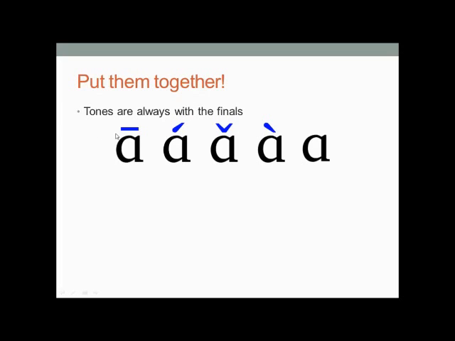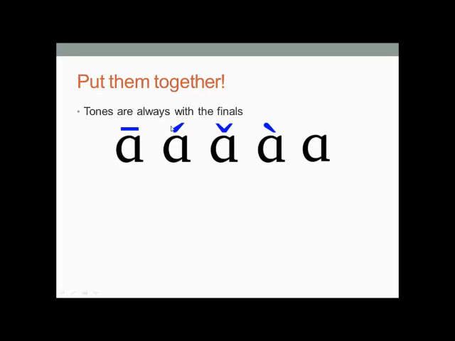See this example? Then you have the full stress tone and the unstressed tone here. So the first one is tone 1, you mark it on top of the vowel with a hyphen, because remember the first tone is a flat tone. The second tone looks like a forward slash, but you write it from left to right, bottom to the tip.